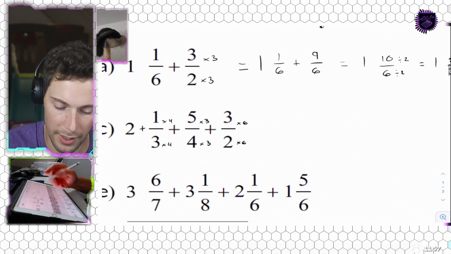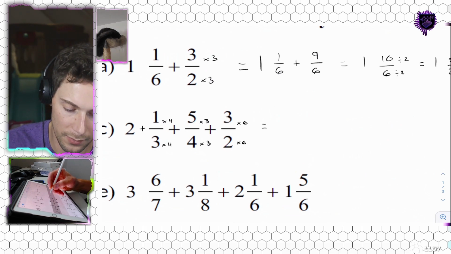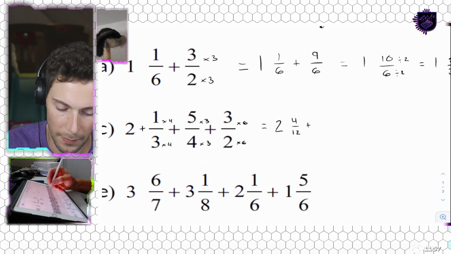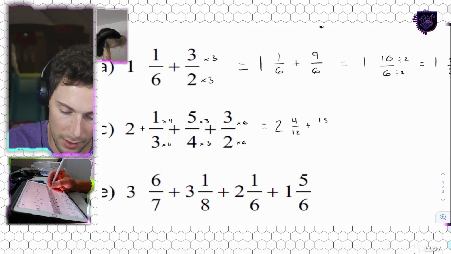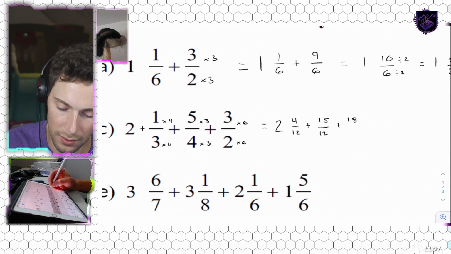So our new fraction is going to be equal to 2 and 4/12 plus 15/12 plus 18/12.